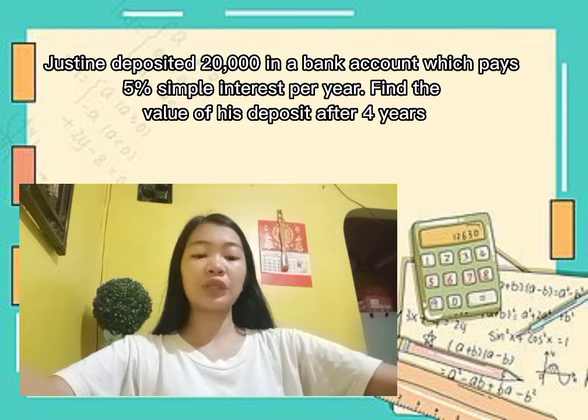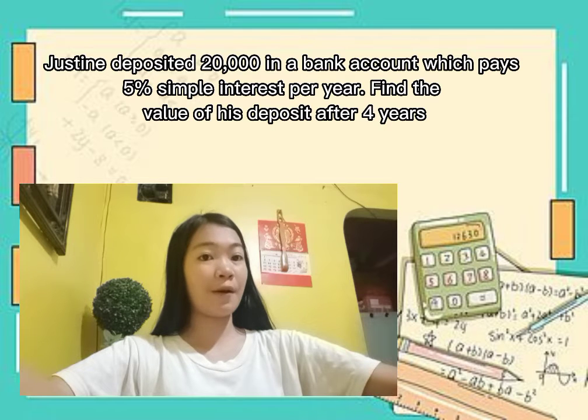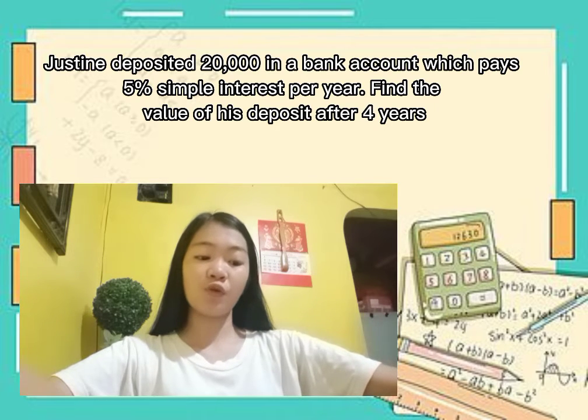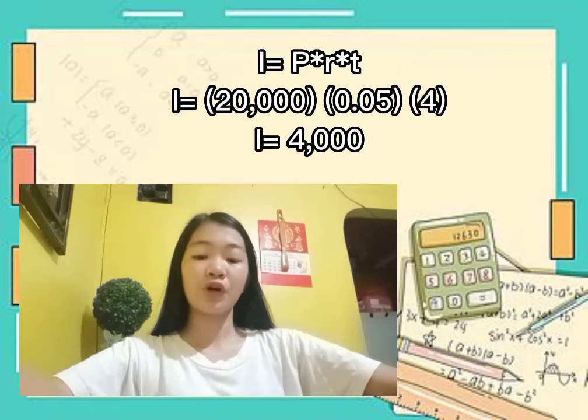Example number 2 is: Justin deposited 20,000 in a bank account which pays 5% simple interest per year. Find the value of his deposit after 4 years. We have 20,000 times 0.05 times 4 equals 4,000.